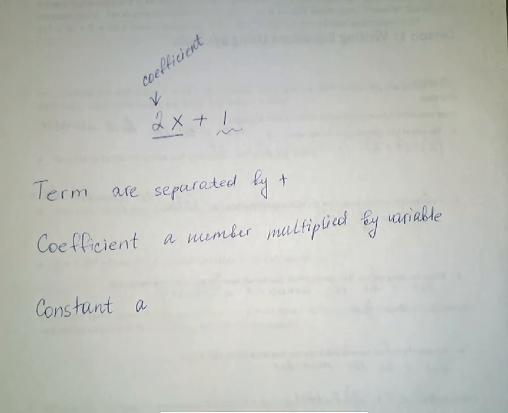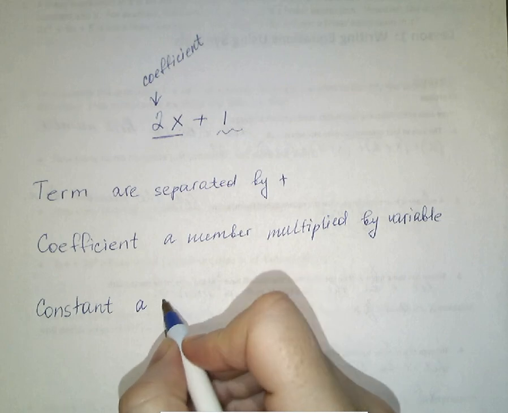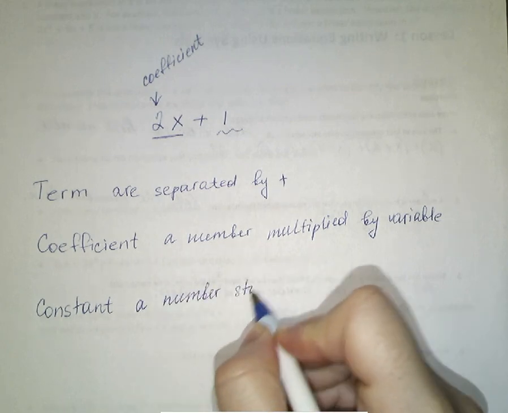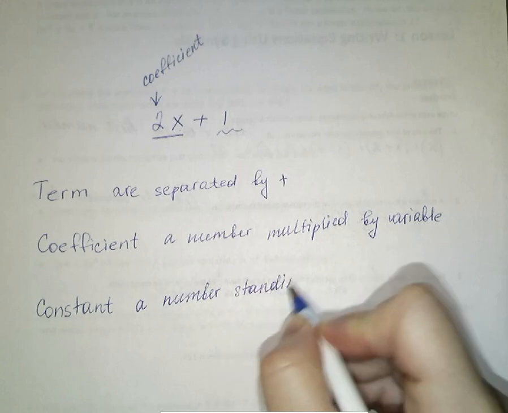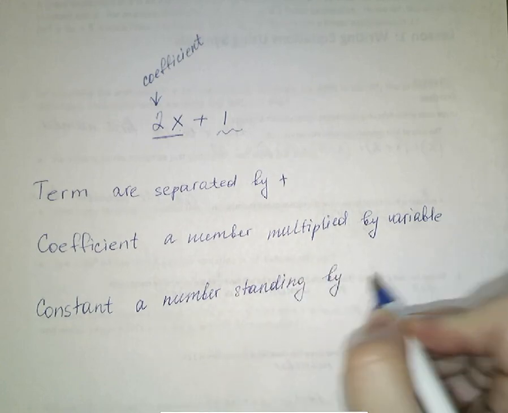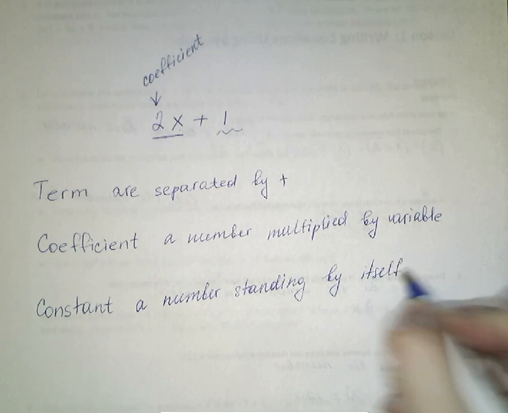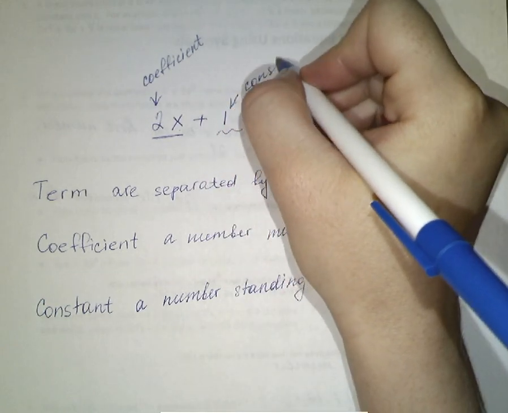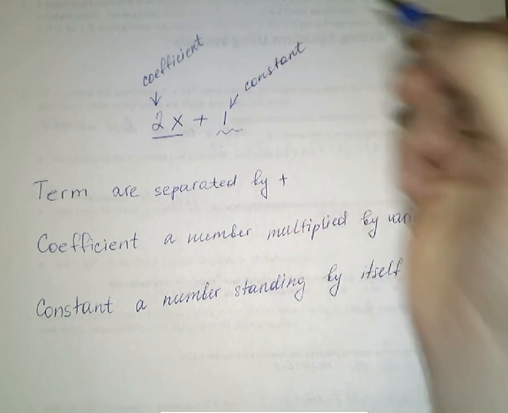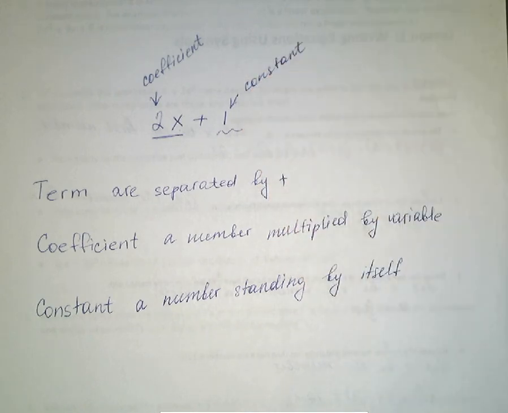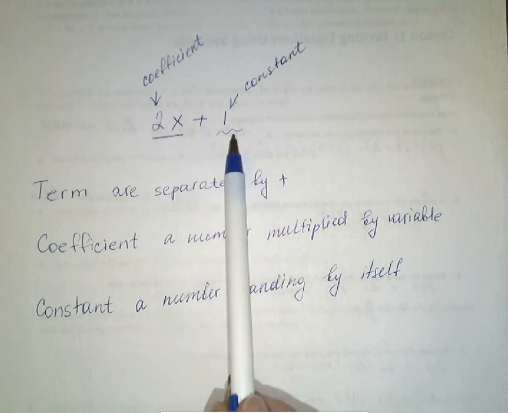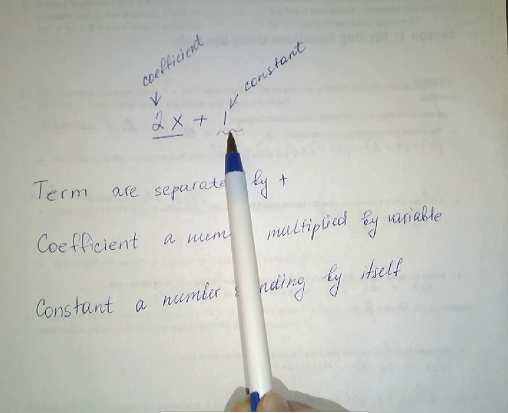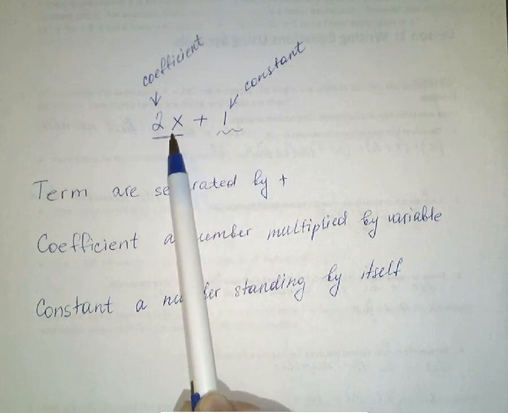It's by itself, standing by itself, with nothing next to it. So 1 in this case is going to be a constant. So in this expression we have two terms. 2 is a coefficient, 1 is a constant, x is our variable.